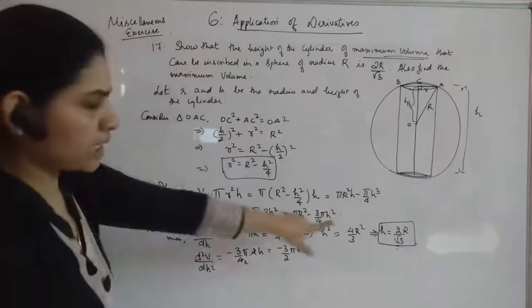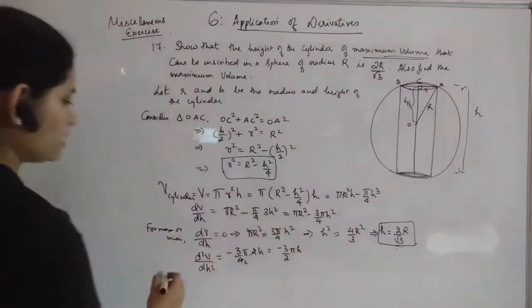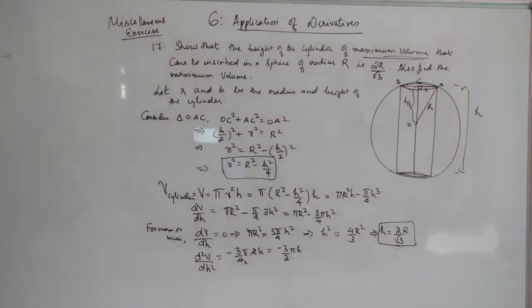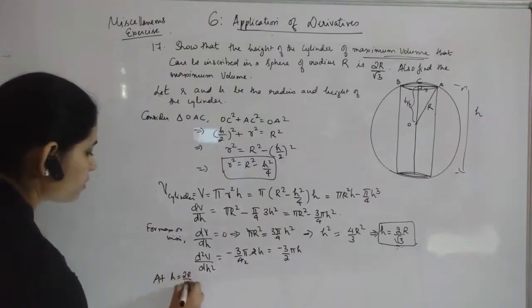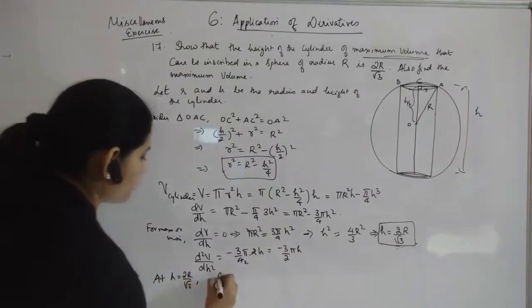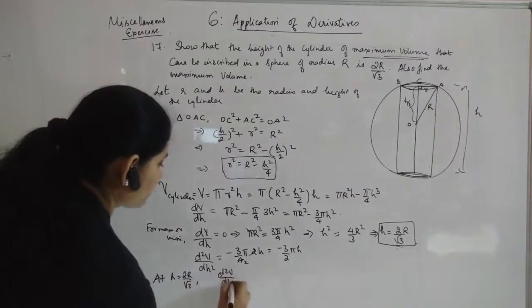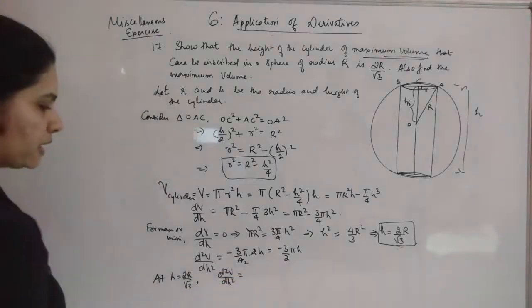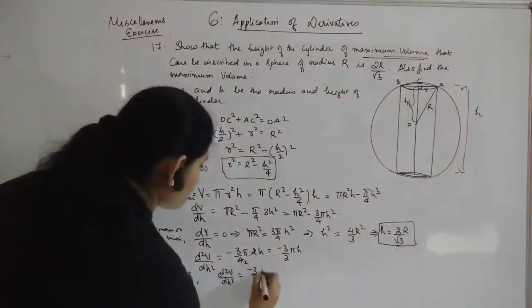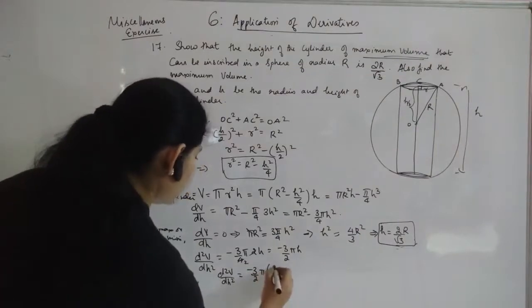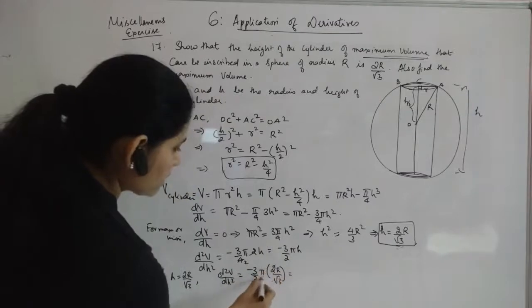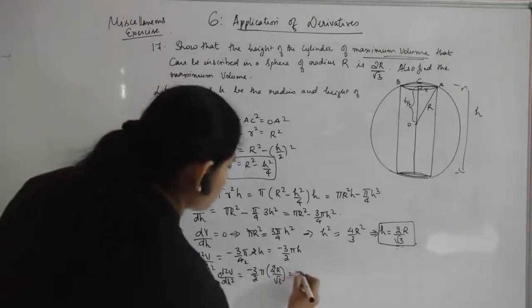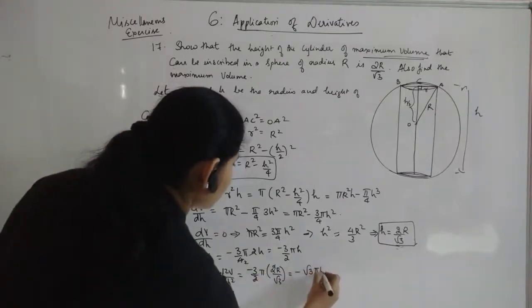Now you have to check at this point, that is at h equal to 2r by root 3. The second derivative of the volume with respect to h becomes minus 3 by 2 pi, and instead of h we replace it with 2r by root 3, so the 2 gets cancelled, and it becomes minus root 3 pi r.